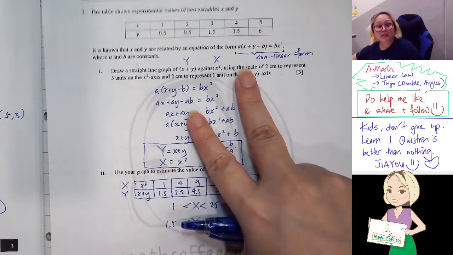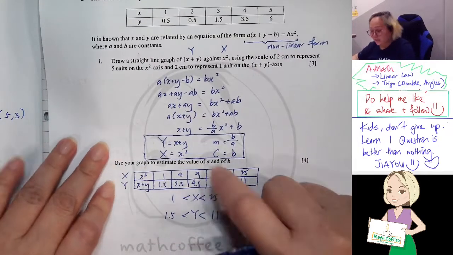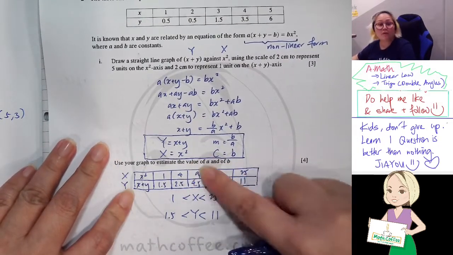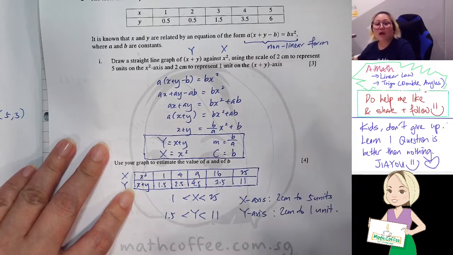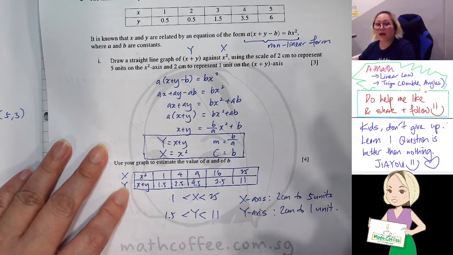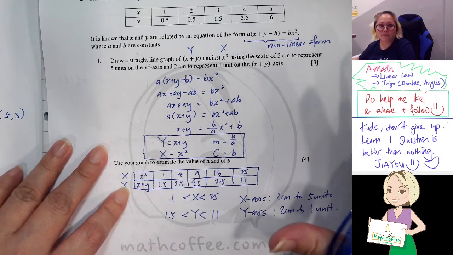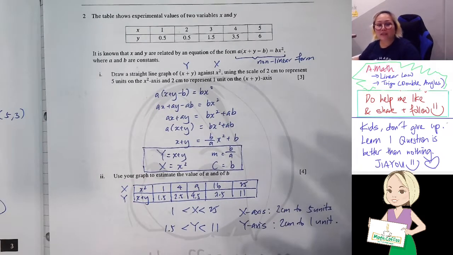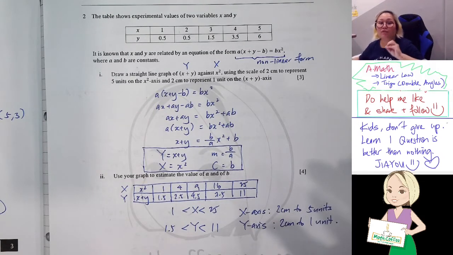The common mistake is that students always say, okay, I take any two points from the table and find the gradient. No, you cannot do that. Why? Because remember, most of the time we are drawing a best fit line, so the points are not the exact representation of the straight line. You must take from the graph.